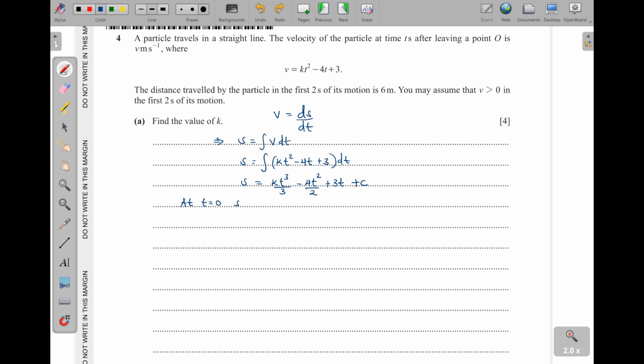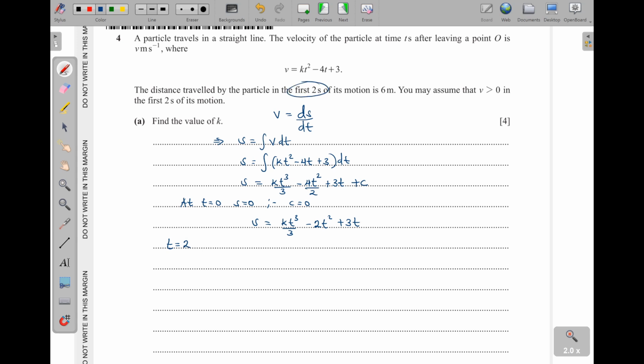So s is equal to 0, and in that case, c is going to be equal to 0. So the expression for the displacement is going to be kt cubed over 3, then minus 2t squared, then plus 3t.